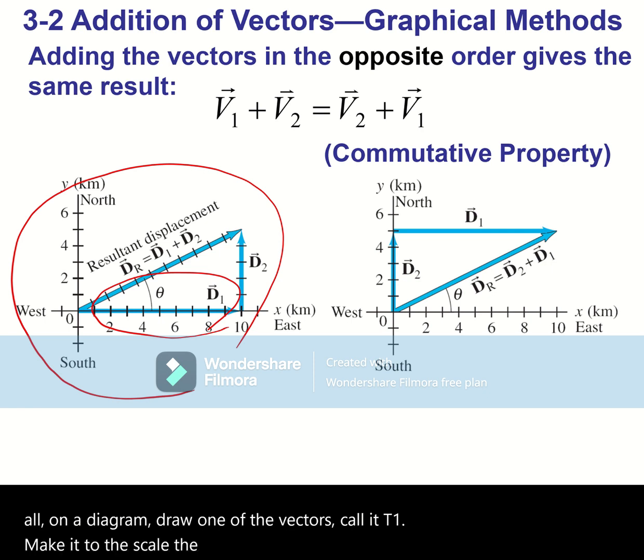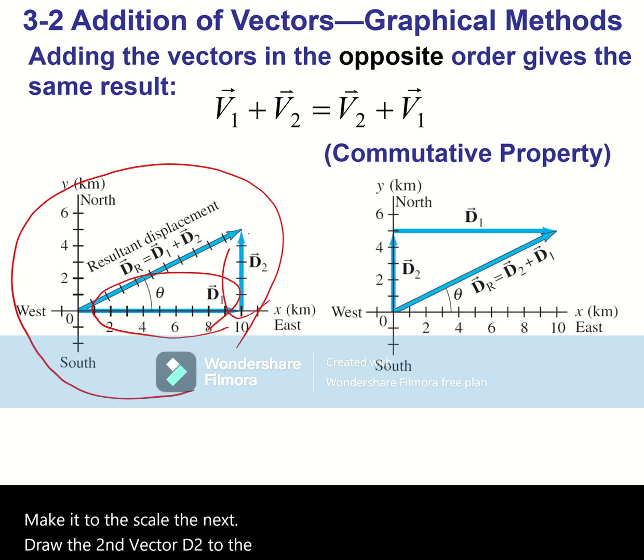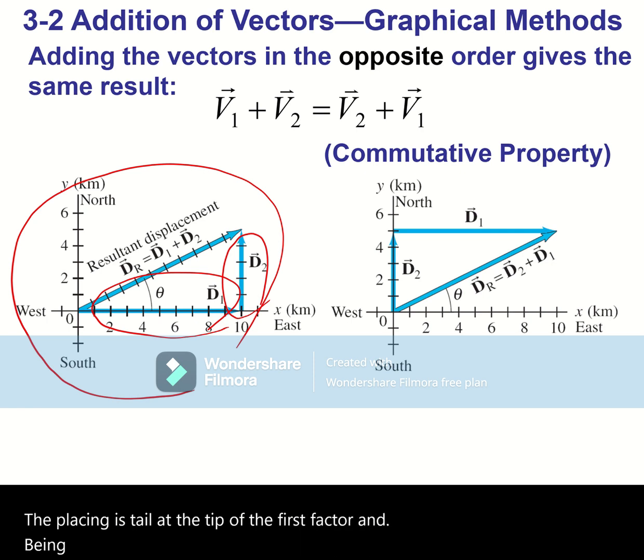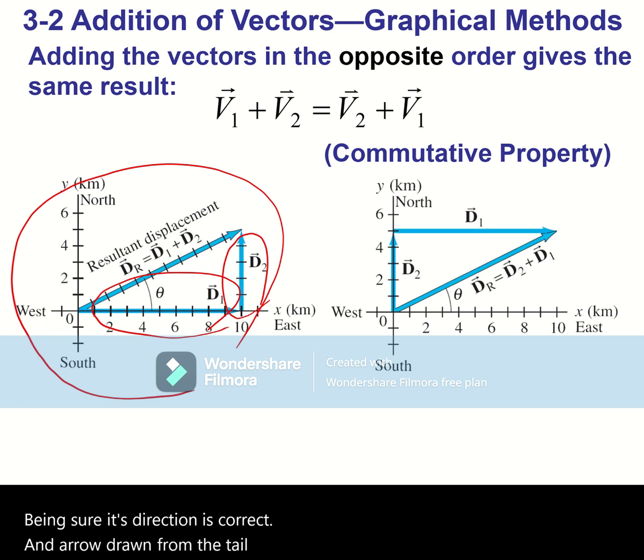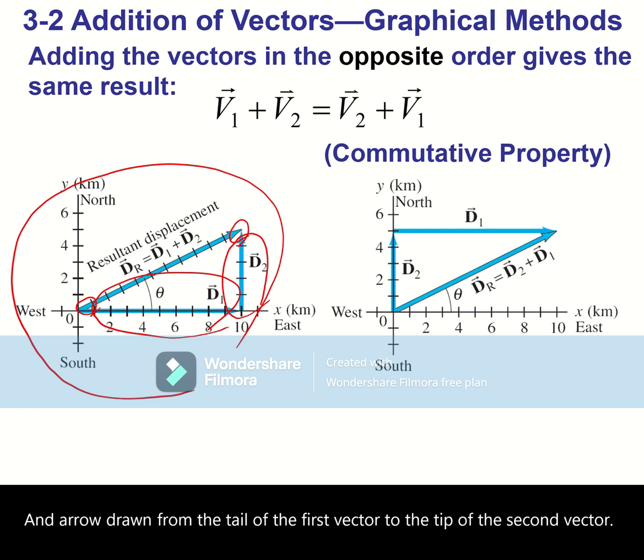Next, draw the second vector d2 to scale, placing its tail at the tip of the first vector and being sure its direction is correct. An arrow drawn from the tail of the first vector to the tip of the second vector represents the sum, or resultant, of the two vectors.